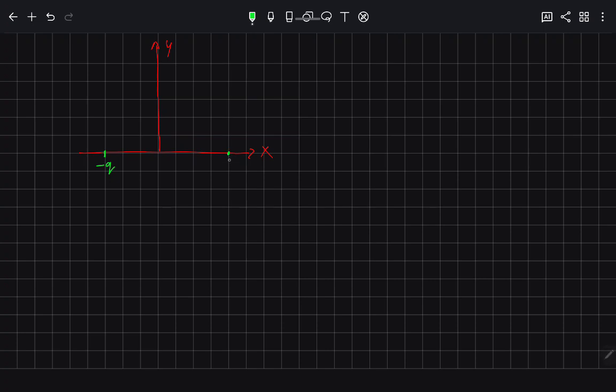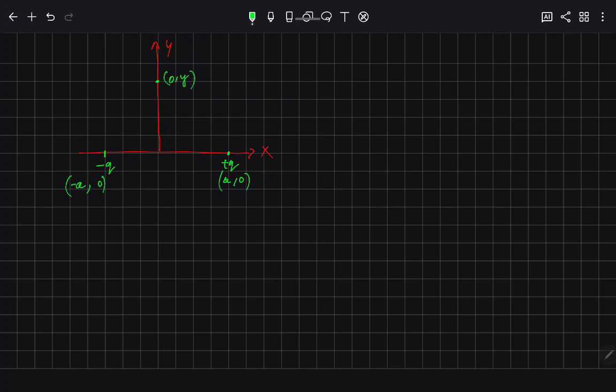Here I put a charge plus q at minus a, 0 and a charge minus q at a, 0. Now this is your point P somewhere on the y-axis, at 0, y.